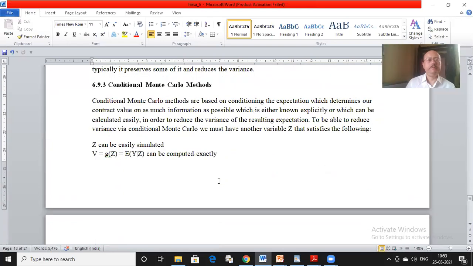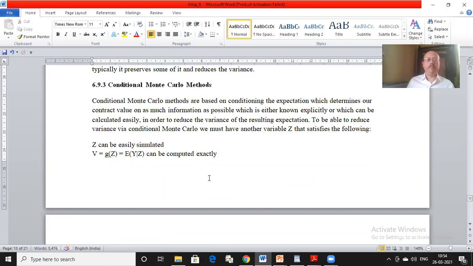All right. So then let me move on to the next strategy, which is conditional Monte Carlo. So what is conditional Monte Carlo? Again, it uses a related variable. So conditional Monte Carlo is based on conditioning the expectation, which is our primary target, our contract value, on as much information as possible, which is either known explicitly or which can be calculated easily.